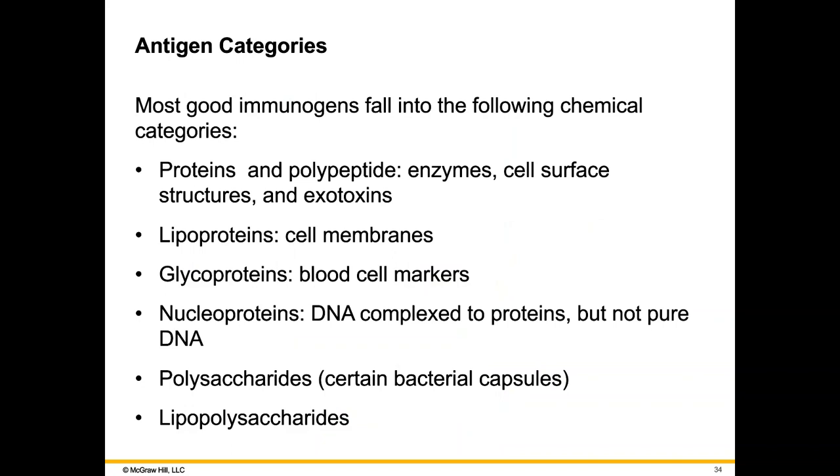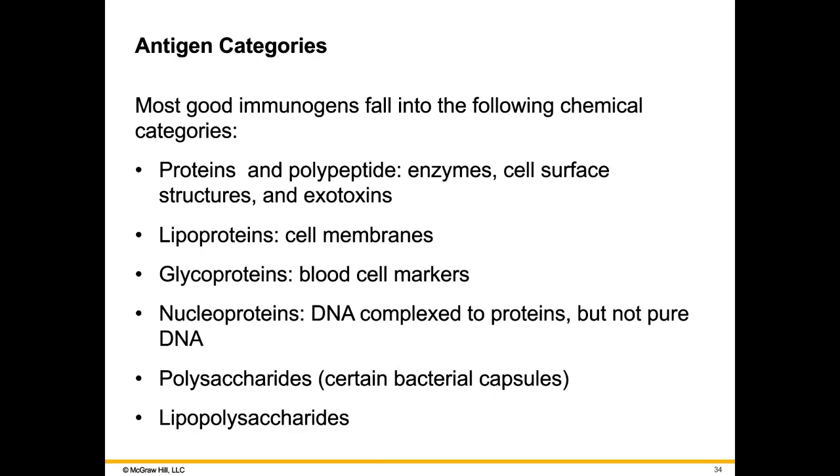So some good antigens fall into these categories typically. Proteins, we've mentioned those because they are just excellent. They're typically very complex and have 3-dimensional shapes, but these proteins can be in the form of enzymes, cell surface proteins, and even toxins. Certain bacteria produce toxins that our body can detect.